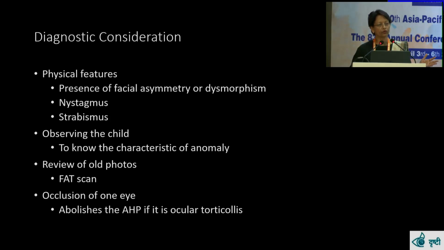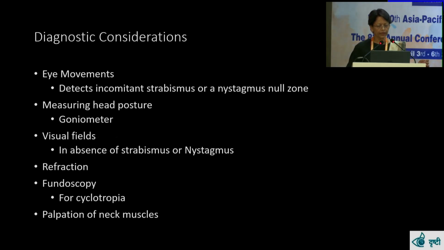Always review the old photos, that is the FAT scan, which will tell you the duration of the deviation. Occlusion of one eye always abolishes the head posture if it is ocular torticollis. Eye movements detect concomitant strabismus or nystagmus. Measuring the head posture with a goniometer helps in deciding the management. Then visual fields in the absence of strabismus or nystagmus, refraction, fundoscopy, and palpation of neck muscles.